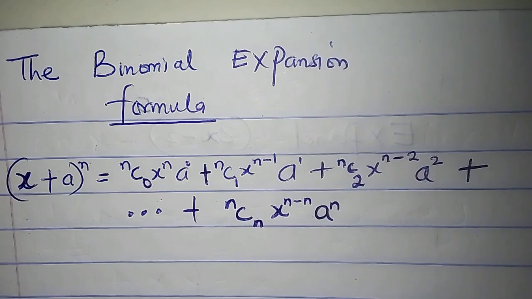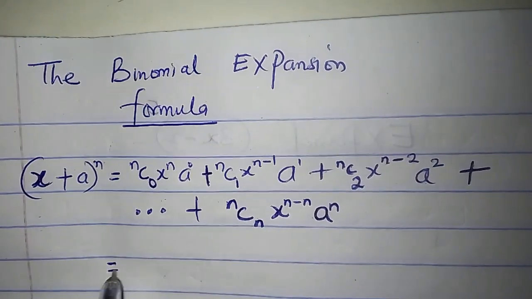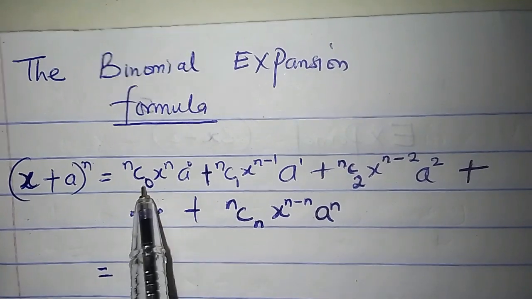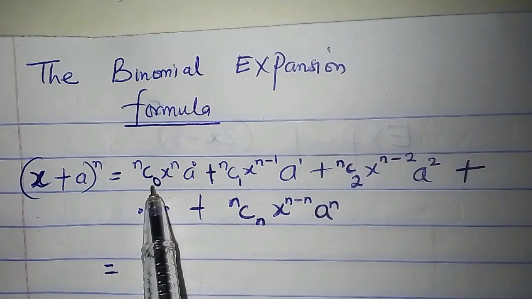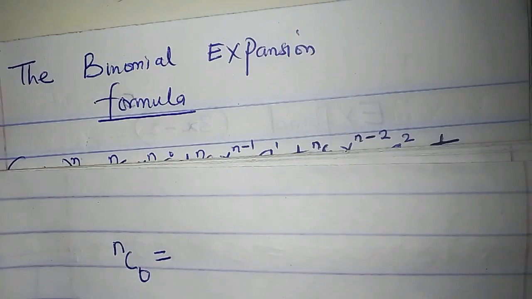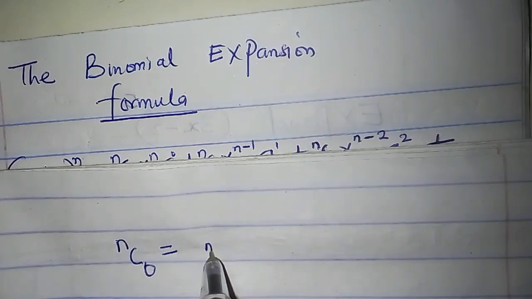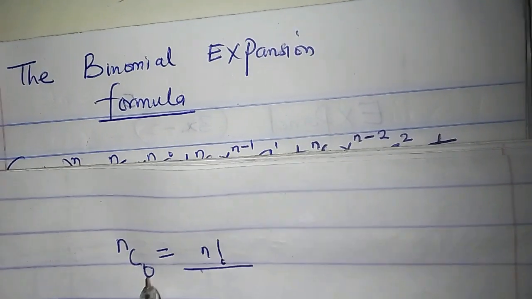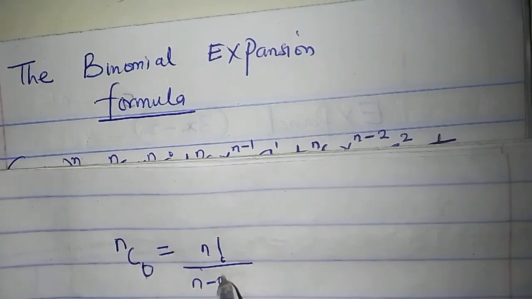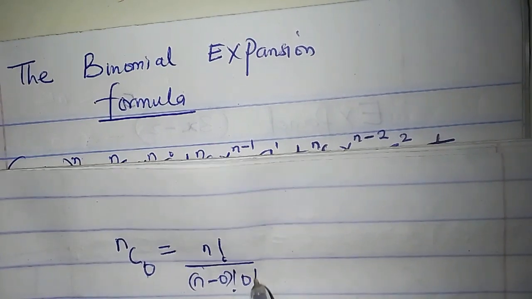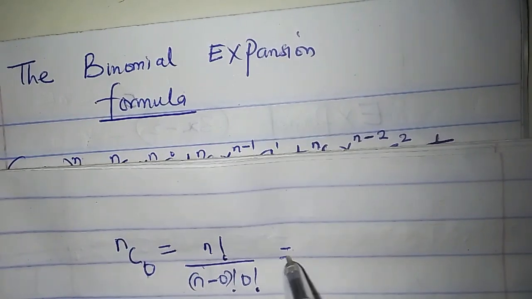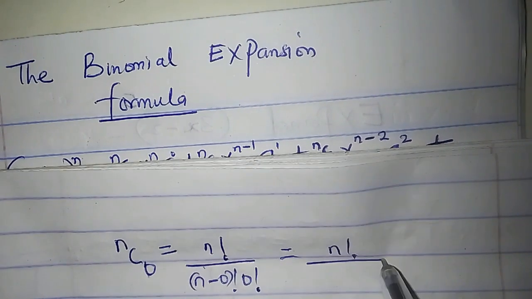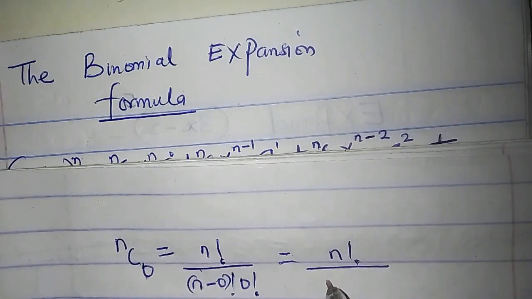We are going to simplify it. nC0 is 1. nC0 is n factorial all over n minus 0 factorial, 0 factorial. We have n factorial. n minus 0 is n.